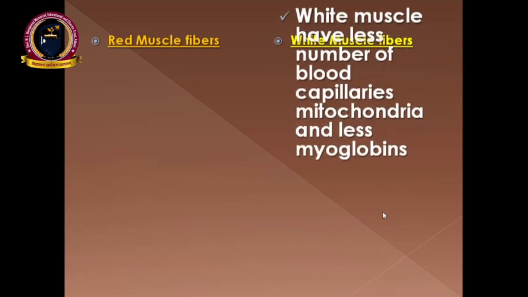Now let us take up the white muscle fibers. They have less number of blood capillaries supplied, and the mitochondria are also less in number, and even myoglobins are very few in number.